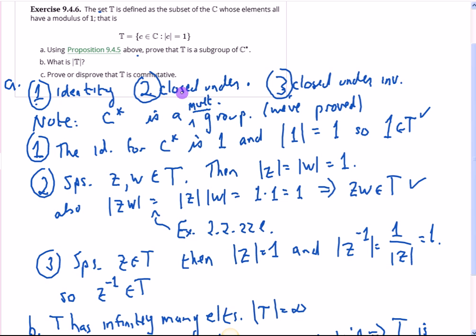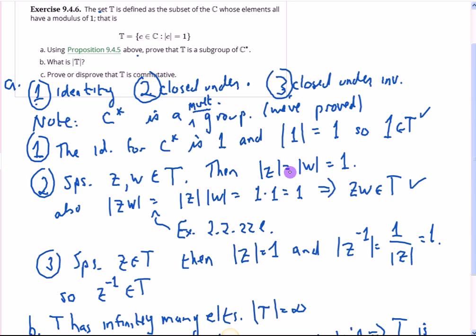Number 2, we need to show that T is closed under multiplication, our group operation. So let's suppose we have two elements of T. We call them z and w. By virtue of the fact that they're in T, their norms or absolute values are equal to 1. So we want to show that zw is also in T. To be in T means that its norm is 1.